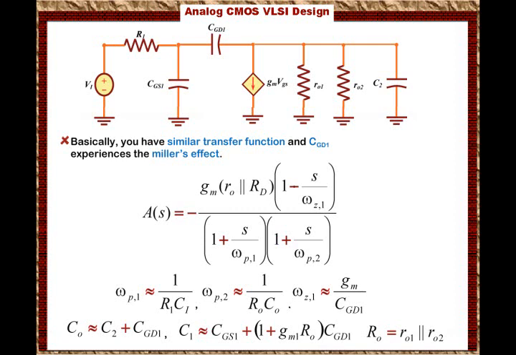And when we use the active load, which is a PMOS transistor for the load, then we end up with the same equivalent circuit. The only difference was how to evaluate the values for the capacitances and RO. But we came up with a second order transfer function, and have a 0 also located on the right half plane. And now we are ready to study more amplifiers using similar techniques.